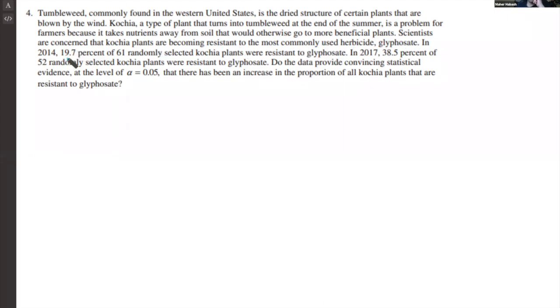In 2014, 19.7% of 61 randomly selected kochia plants were resistant to glyphosate. In 2017, 38.5% of 52 randomly selected kochia plants were resistant. Do the data provide convincing statistical evidence at the level alpha 0.05 that there has been an increase in the proportion of all kochia plants that are resistant to glyphosate?